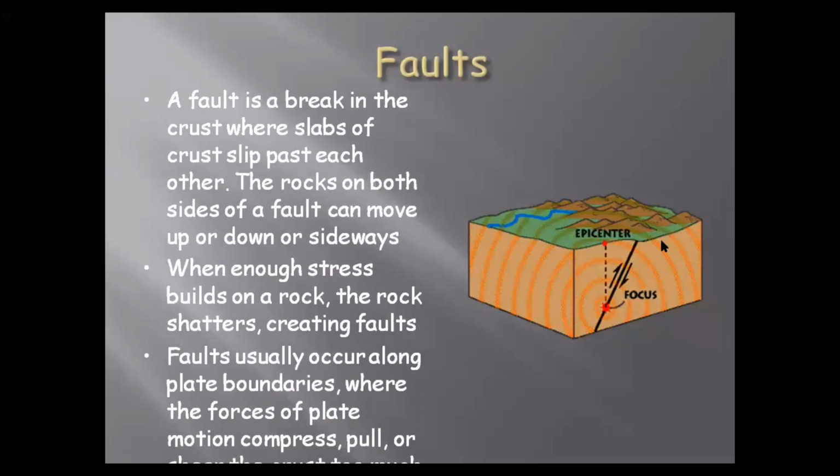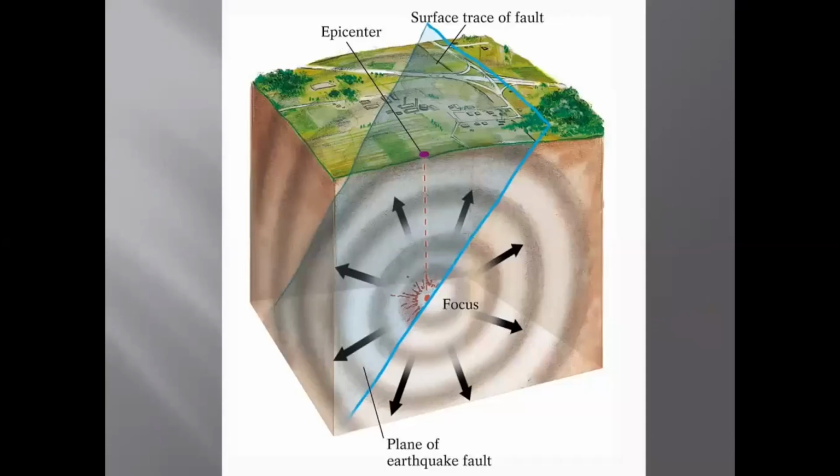Similarly, faulting can also initiate a landslide, and that landslide can block a river, and that river blockage can result in the formation of a lake. So geomorphological features are faults, and faults usually occur along the plate boundaries where the plate motion compresses, pulls, and moves away from each other.